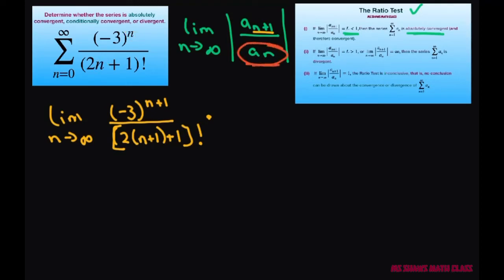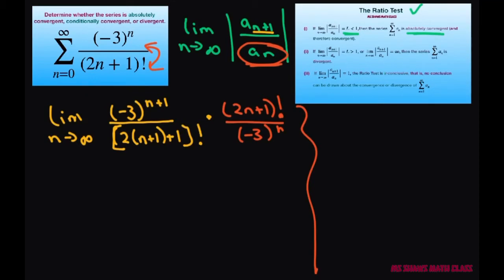But dividing by a sub n, since we have a fraction, is the same as multiplying by the reciprocal. So for the numerator, we have 2n plus 1 factorial divided by negative 3 to the power of n.